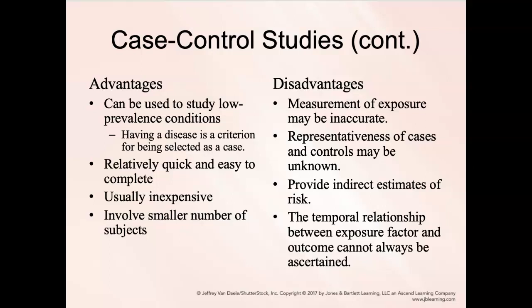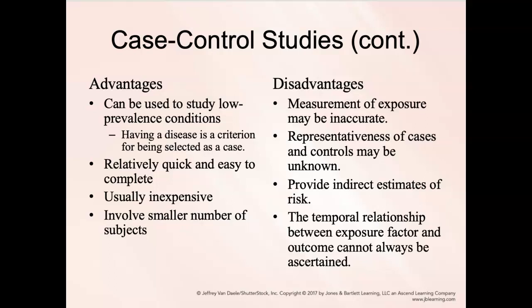Cases and controls might have different recollections of exposures, leading to a unique source of bias. The representativeness of the cases and controls might be unknown. It might not be clear whether those cases and controls truly represent the larger population that you're trying to study.